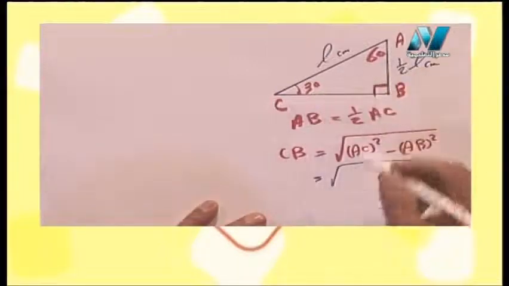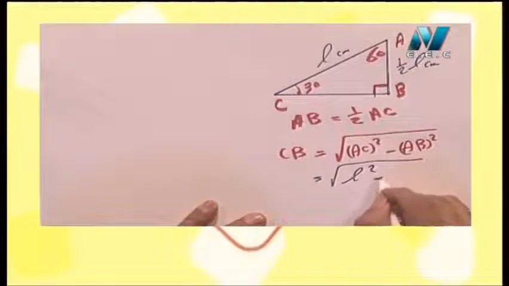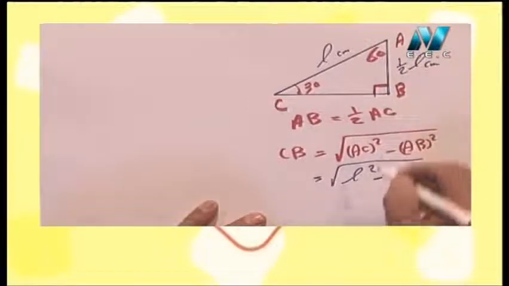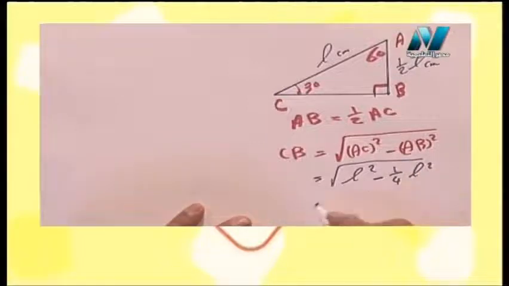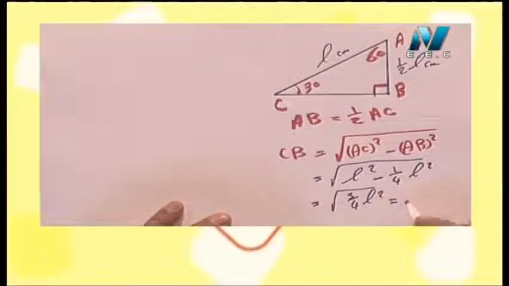AC power 2 means L power 2, minus AB power 2 means 1 over 4 L power 2. So the answer will be square root of 3 over 4 L power 2, and we will get that the answer will be root 3 over 2 L.